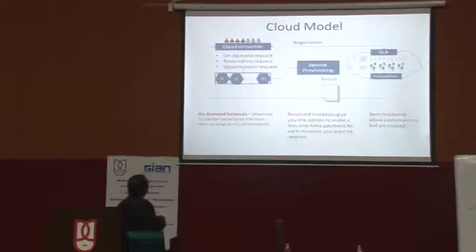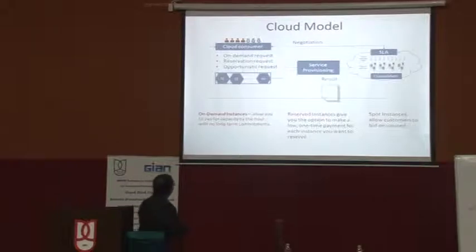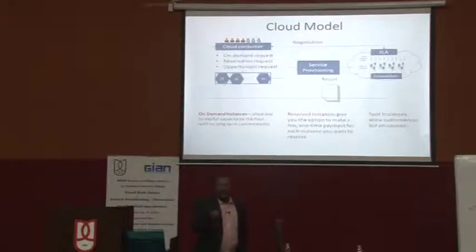Okay, so on-demand instances basically allow you to pay for capacity by the hour with no long-term commitments. So basically what this says is that if you want 3 virtual machines to run your applications in the next few minutes, you say, I want to use 3 virtual machines of medium size or small size, and you run your application.